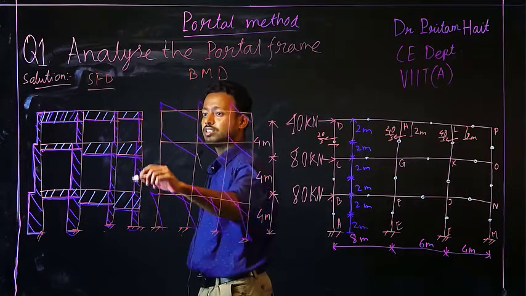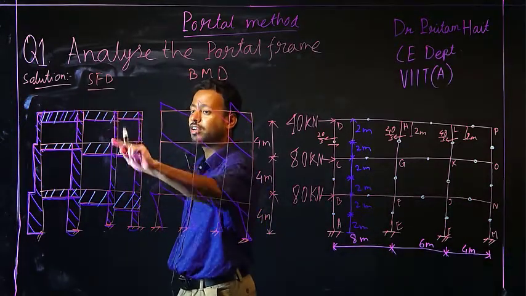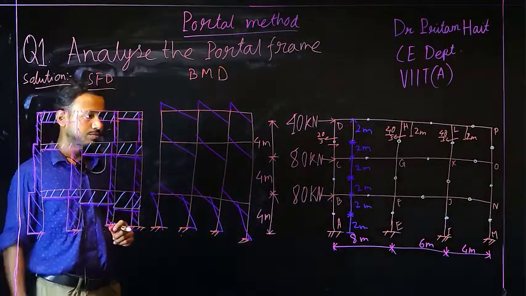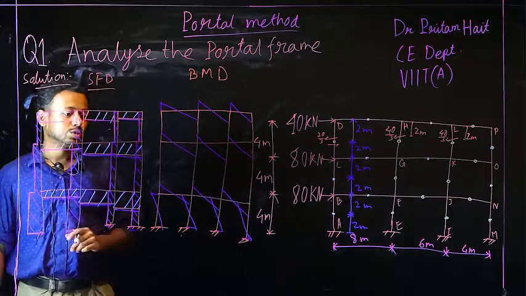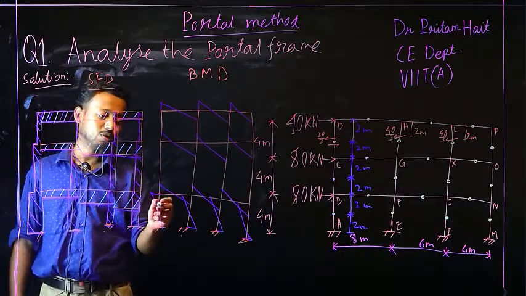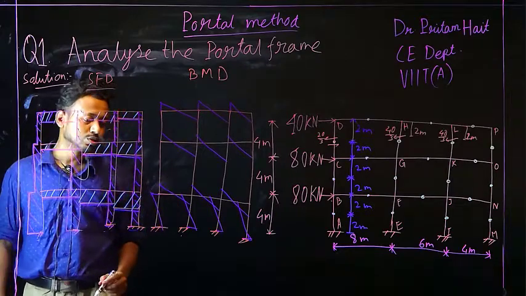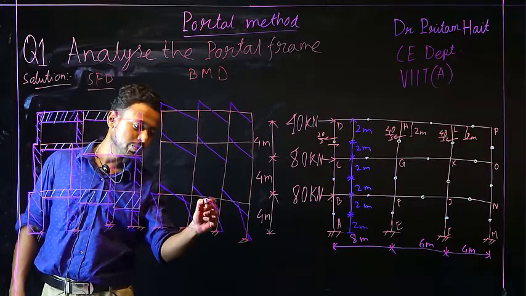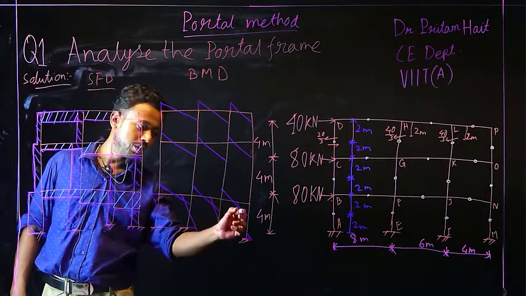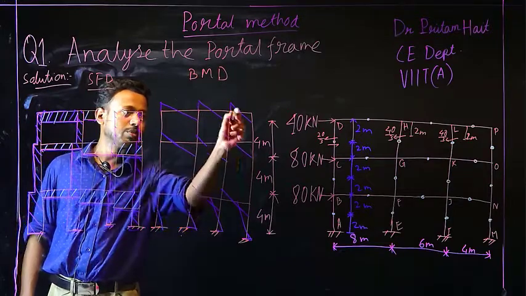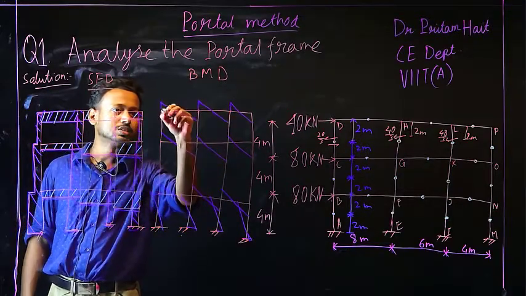So this is the shear force diagram of the entire portal frame, and this is the bending moment diagram of the building. Here you have to draw the bending moment diagram of each member, that is each column and each beam. So this is the bending moment diagram of this beam, this is the bending moment diagram of this beam, and this is the bending moment diagram of this beam. Similarly you can draw the beam bending moment diagram in this way.